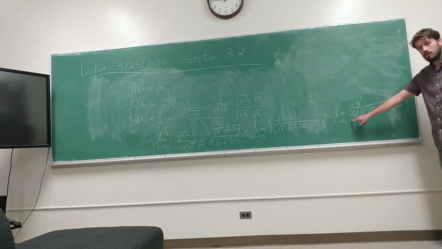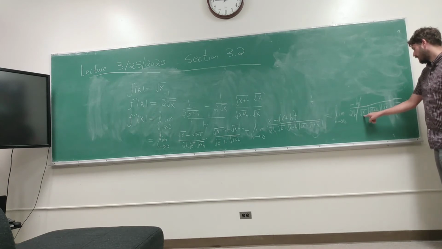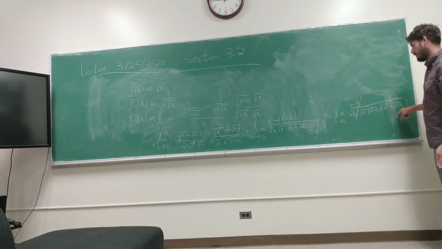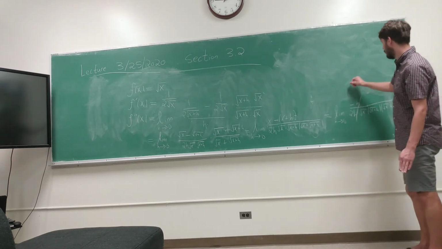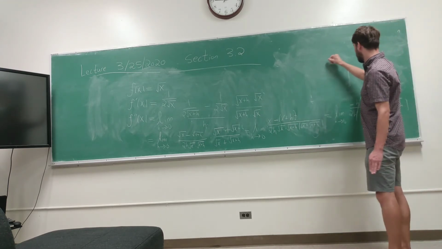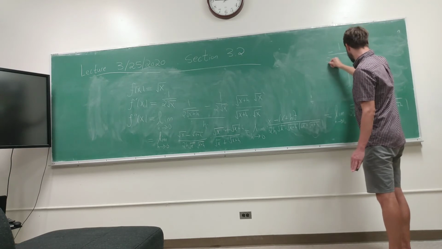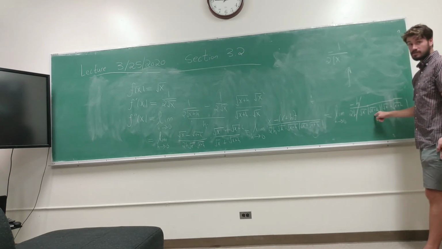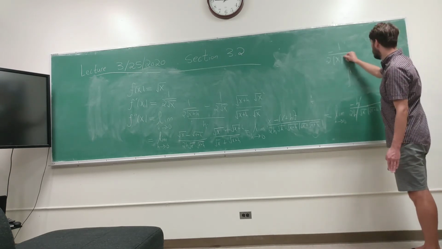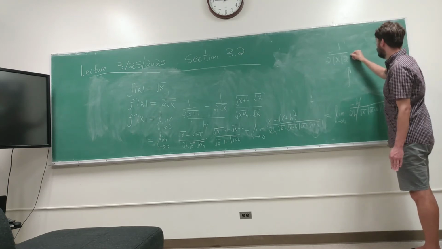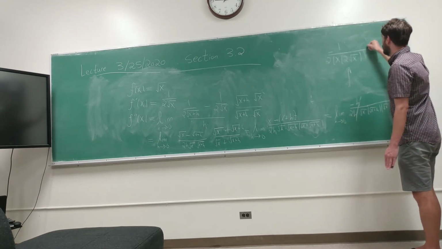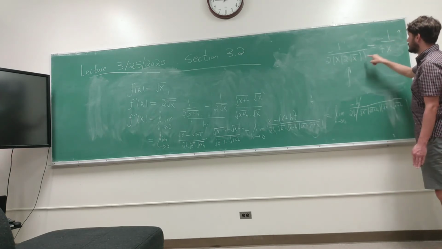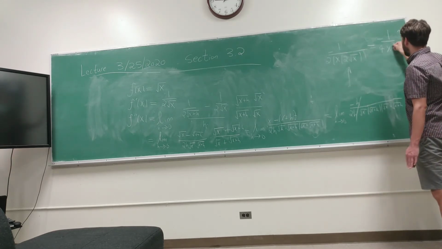You plug in h equal to 0, we get 2 square root of x times square root of x times 2 square root of x in the denominator. So this actually ends up being negative 1 over 2, and square root of x times itself is just x, times 2 square root of x, which is equal to negative 1 over 4. x times root x is the same as x to the first times x to the 1/2, which is x to the 3/2.